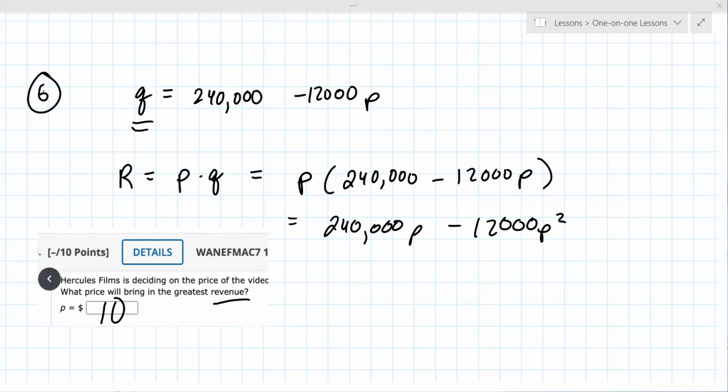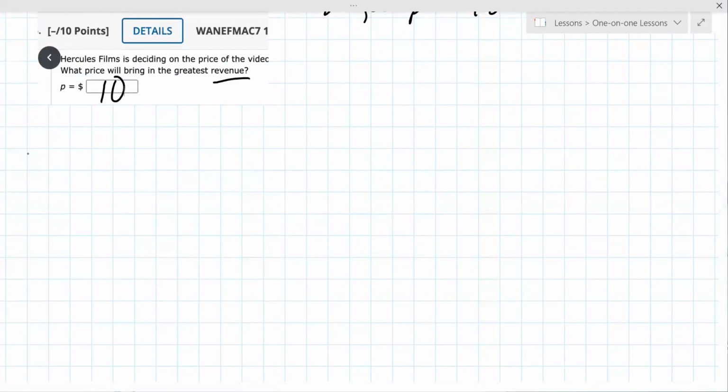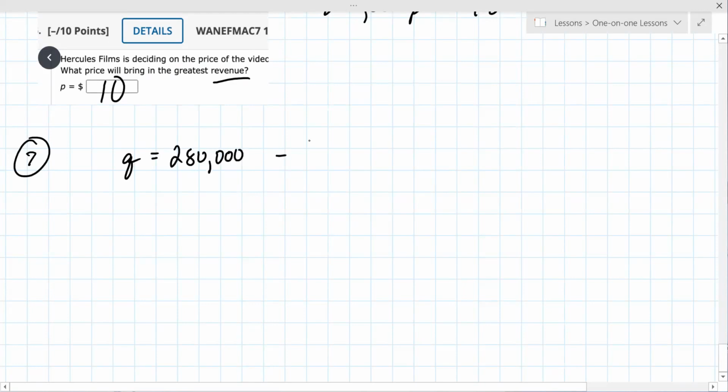Okay, so is the next one kind of the same, but it asks for the greatest profit? Yes. Okay, so I'm gonna do the same thing here. I'm not gonna copy everything because the snips are too wide. So they tell you that quantity is 280,000 minus 14,000 p, and they're asking about profit this time. So profit, if we backtrack, is revenue minus cost.